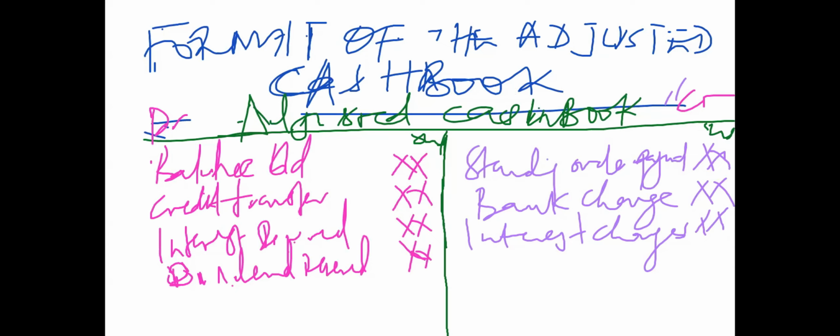But what I want you to understand, the main point is that a dishonored check happens in the cash book for you when you received it from the customer. You debited your account because you thought the customer is paying you. You saw money is coming in the business, so you debited your cash book. But you took the check to the bank and the bank refused to pay, they dishonored that check.